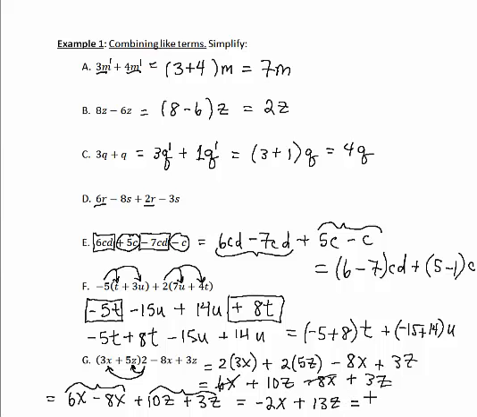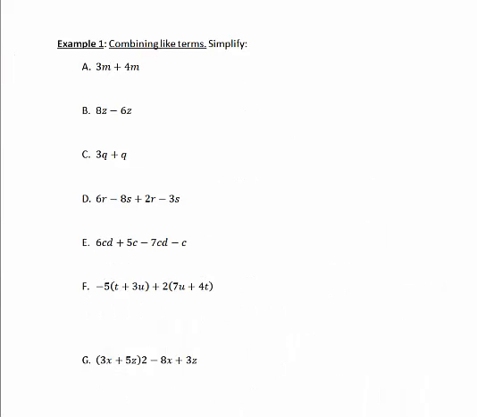We could write them in a different order, but that's all. In the end, you should end up with either of these two expressions, negative 2x plus 13z, or 13z minus 2x. So that completes example 1, and we will move on to the next page.